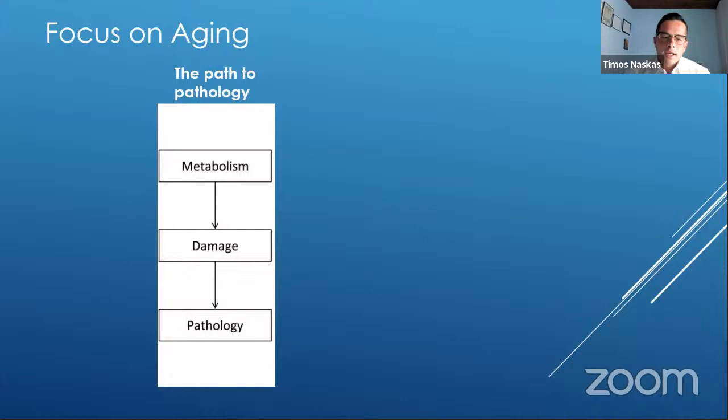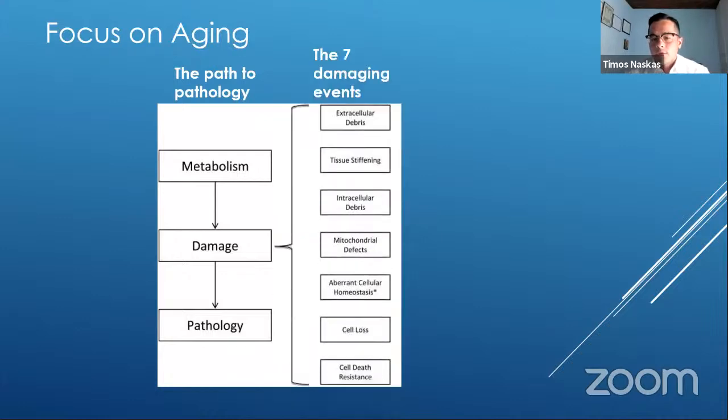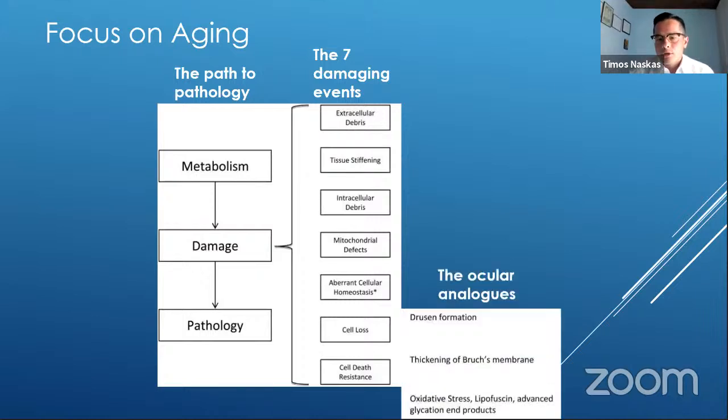A paper from De Grey in the Journal of Gerontology stated that every disease has 7 damaging events in the whole body. So from these 7 damaging events, we have their ocular analogs, so the eye is no exemption.